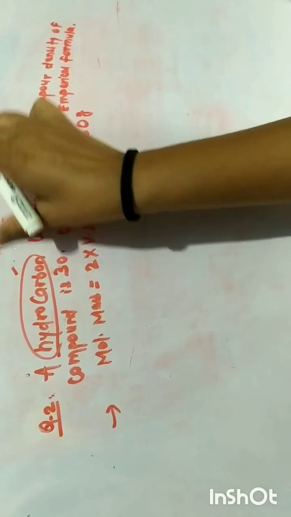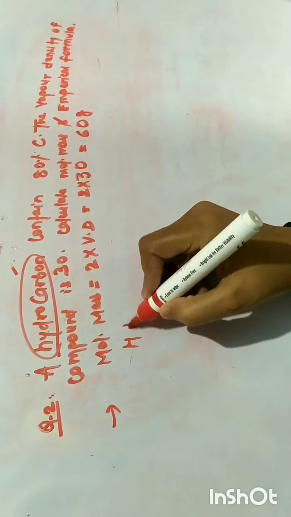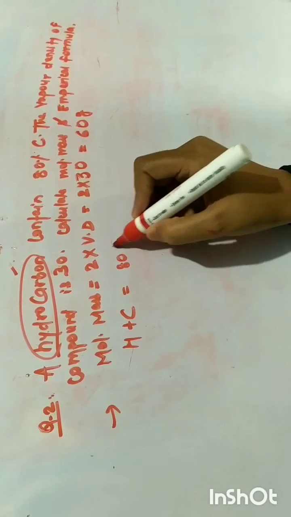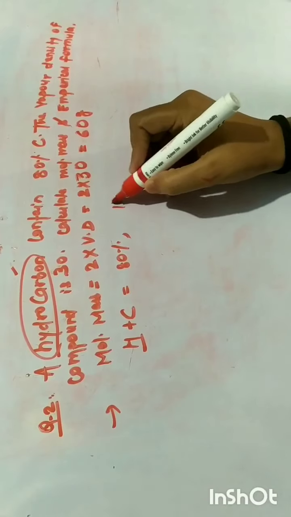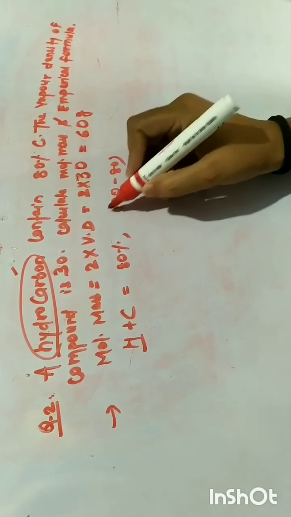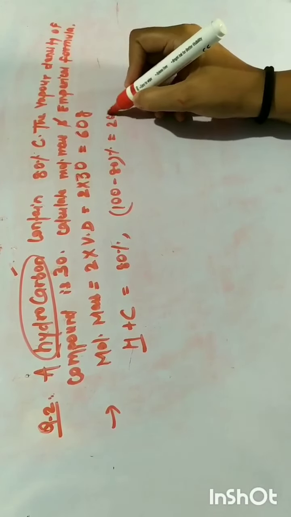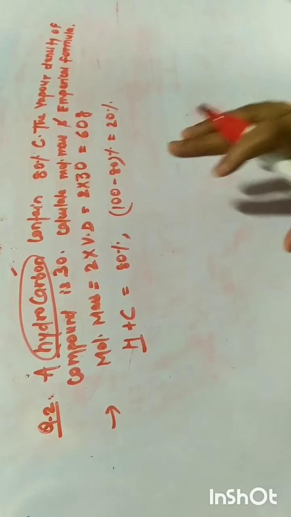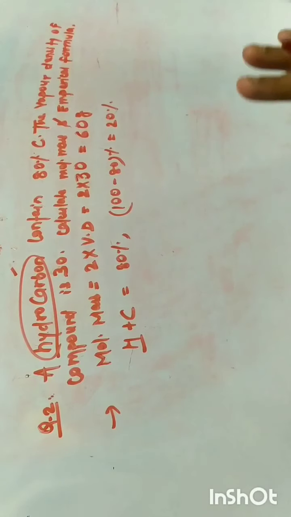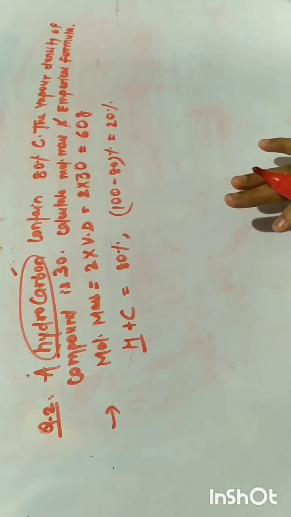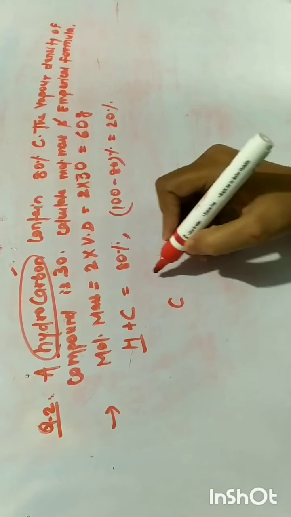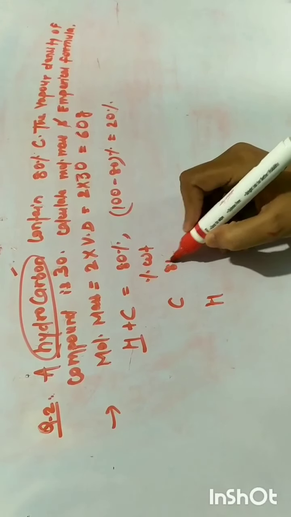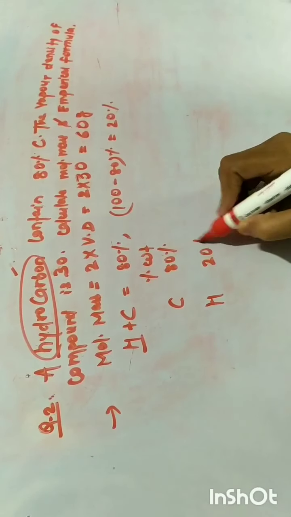A hydrocarbon contains hydrogen plus carbon. If the percentage of carbon is 80%, then the percentage of hydrogen will be 100 minus 80, that is 20%. So carbon is 80% and hydrogen is 20%.